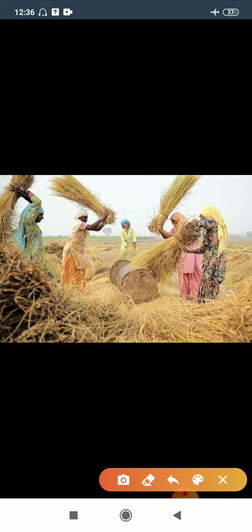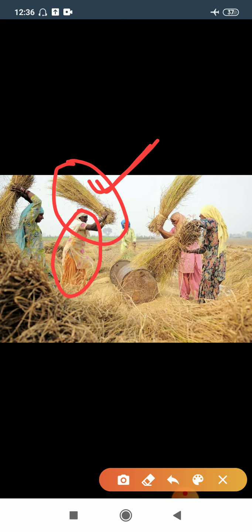You can see here these husks also have some food grains. Now these ladies want to separate the food grains from this husk, so in this process the stalks are beaten on a solid platform.